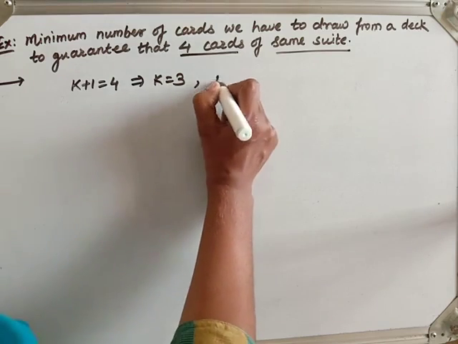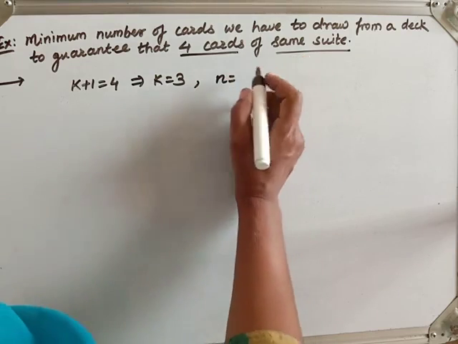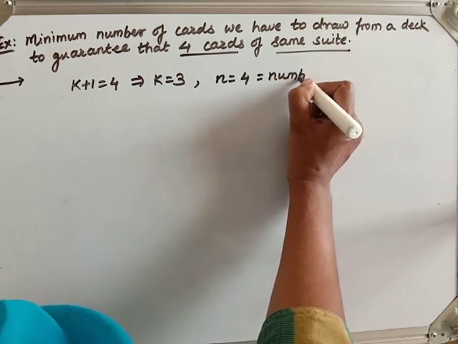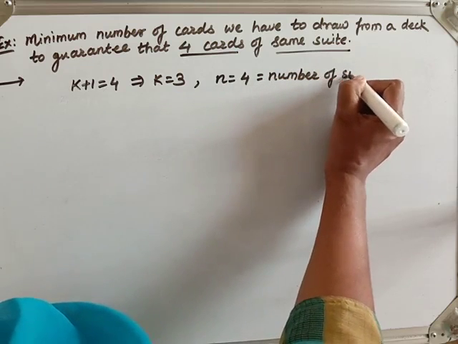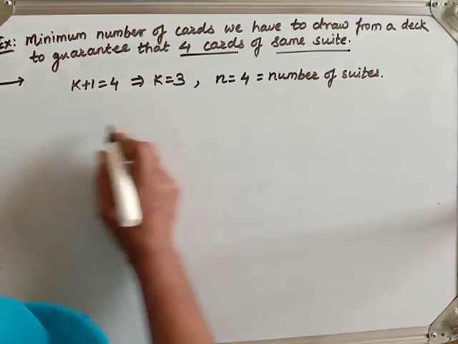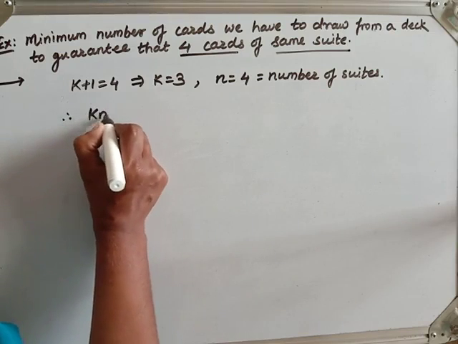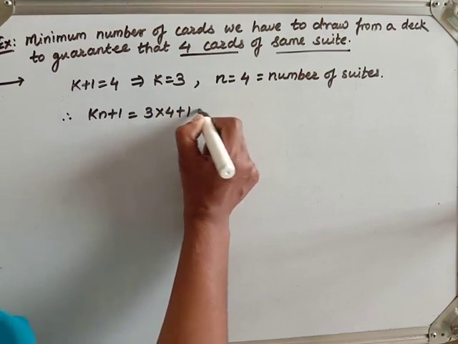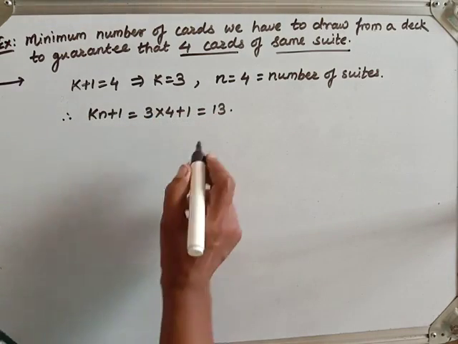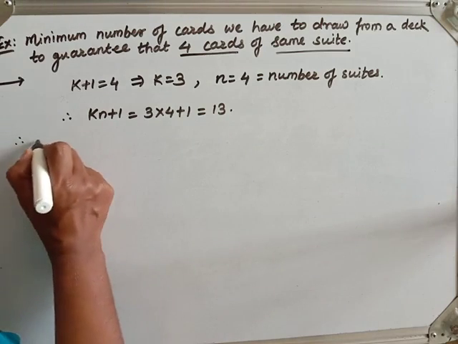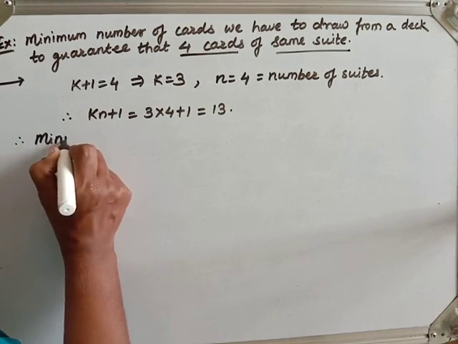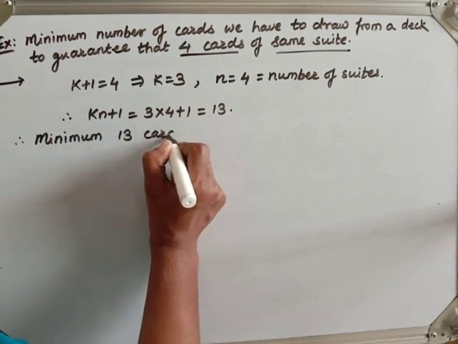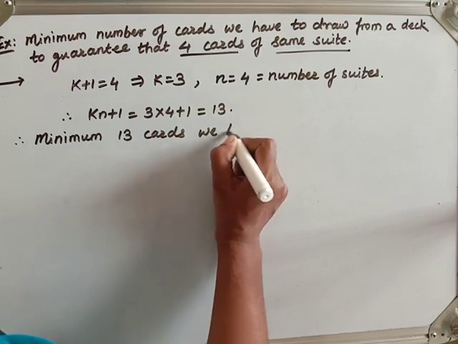Now n is equal to the number of suits, which is 4. Therefore, kn plus 1 is 3 multiplied by 4 plus 1, that is 13. So the answer is minimum 13 cards we have to draw.